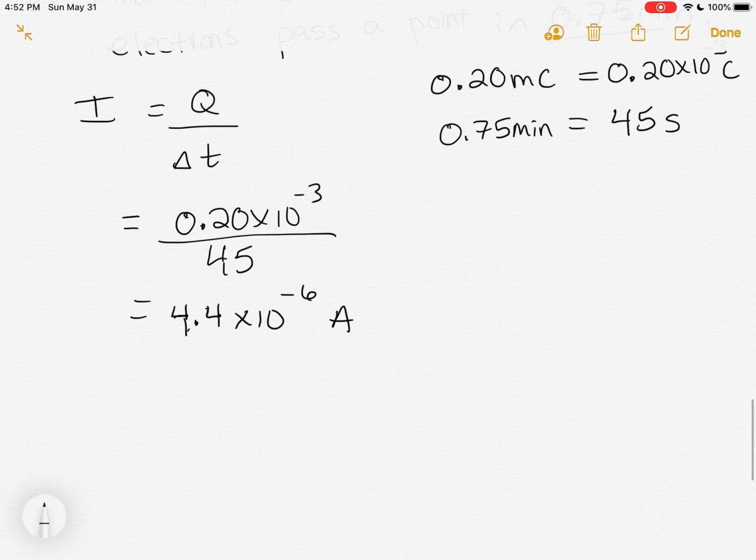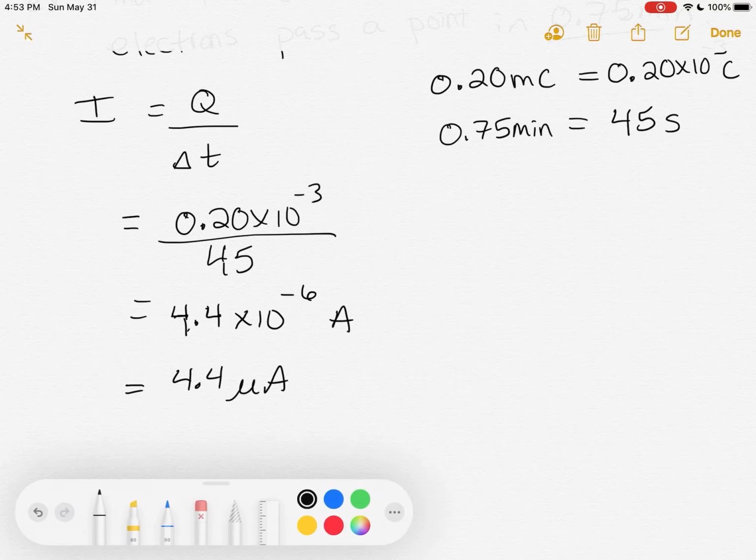Okay, so 4.4 times 10 to the negative 6 amps. And if we really want to, we could put that into microamps. That'll work really nicely with 10 to the negative 6. So that's 4.4 microamps. All right. So that's how we calculate current.